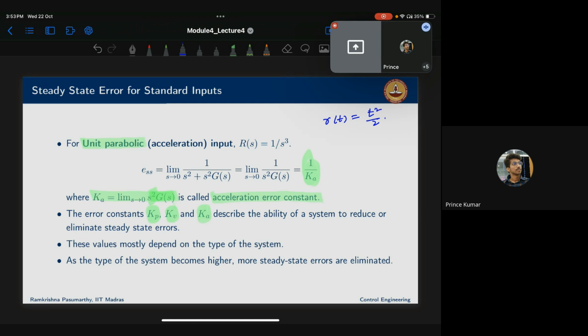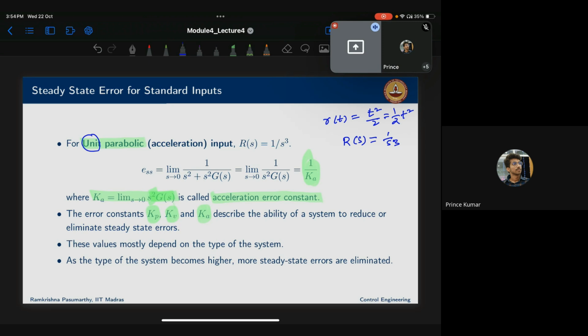It's not actually unit; we must say a parabola with magnitude 1 by 2. If we take it like this, we will get R of s as 1 by s cube. The 1 by 2 and 2 get cancelled.